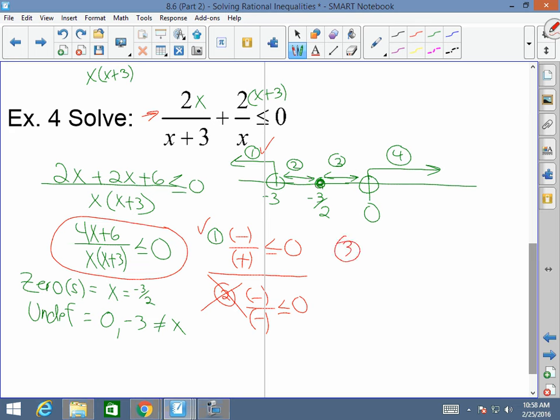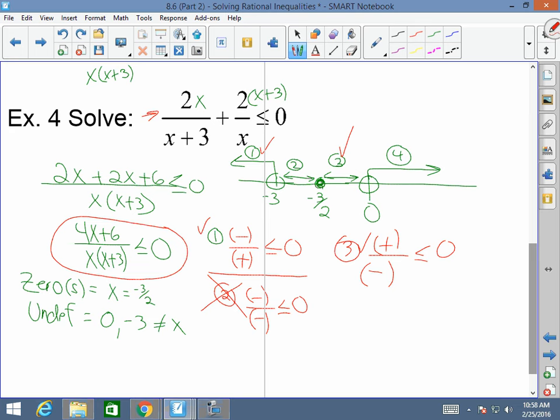Interval 3. What's a pretty number between negative 3 and 0? Negative 1. So negative 4 times negative 1 is negative 4 plus 6. That's a positive. Over negative 1 times negative 1 plus 3. That's 2 times negative 1. That's a negative. Is that less than or equal to 0? Yes, a negative is less than or equal to 0.